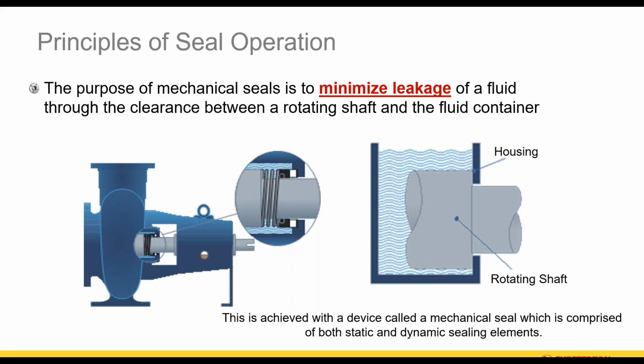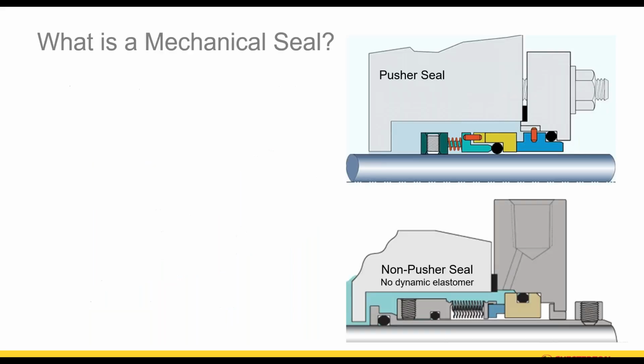The reality is most of these applications are leak-free from a visible leakage standpoint, but there's still a very small amount of vapor that is probably coming across that interface, whether it's packing, lip seals, O-rings, gaskets, or a mechanical seal. I hope that makes sense to people and you start to understand that.